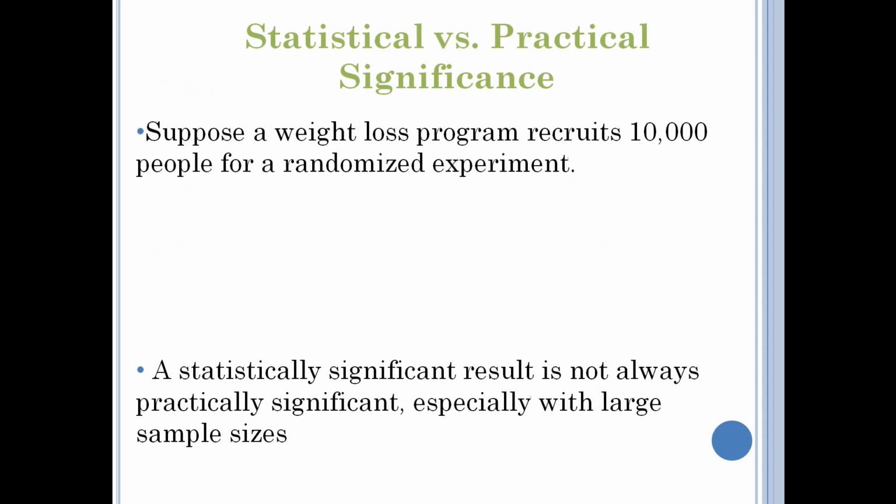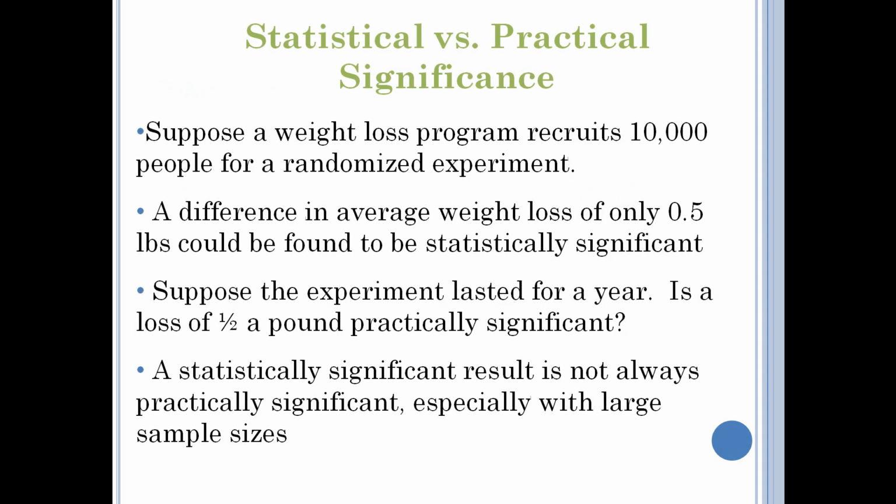Now, one last note before we end this section. The difference between statistical and practical significance. So let's look at this situation. Suppose a weight loss program recruits 10,000 people for a randomized experiment. A difference in average weight loss of only 0.5 pounds could be found to be statistically significant.